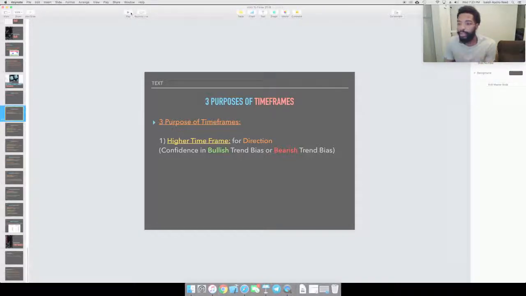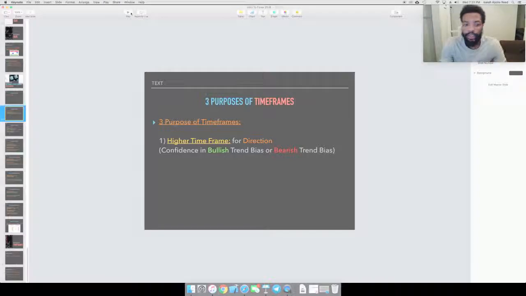It's whatever you're mixing and matching with. So the higher time frame is for direction. Now I'll show you guys exactly what time frames I use and why. It's exactly for this reason.